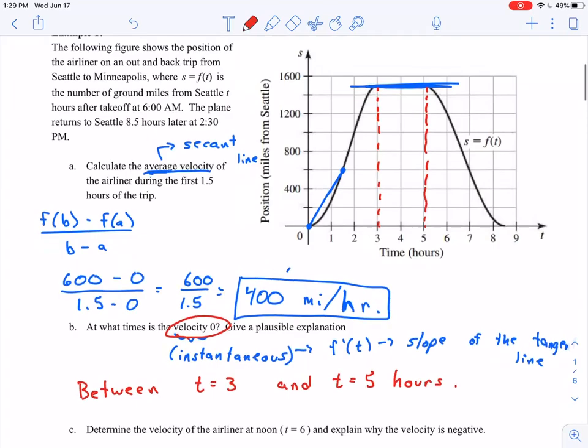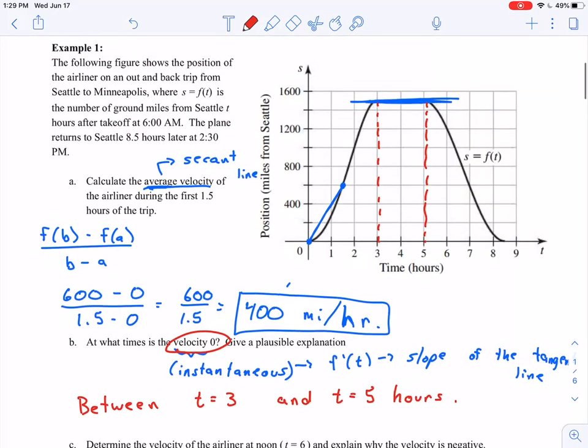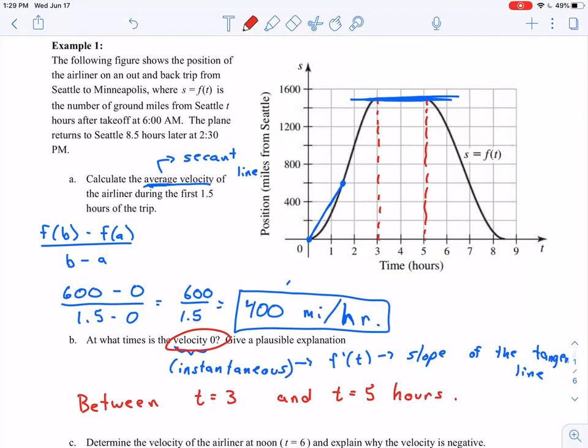So I need to think about, well, why would that be the case? Let's go back and look at the prompt for this problem. It says the following figure shows the position of an airliner on an out and back trip from Seattle to Minneapolis. So we're flying from Seattle to Minneapolis and then back again.